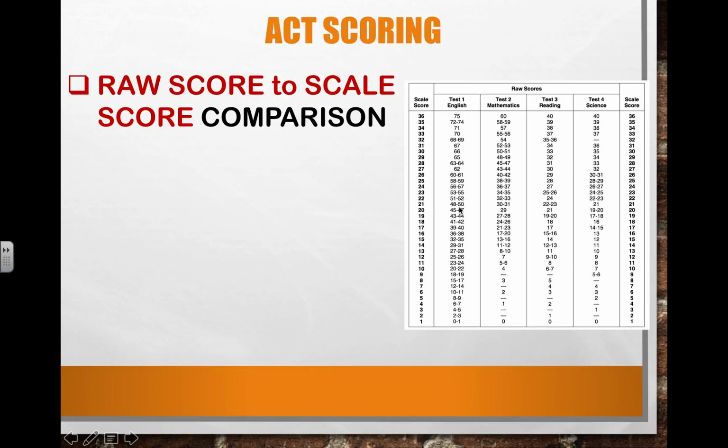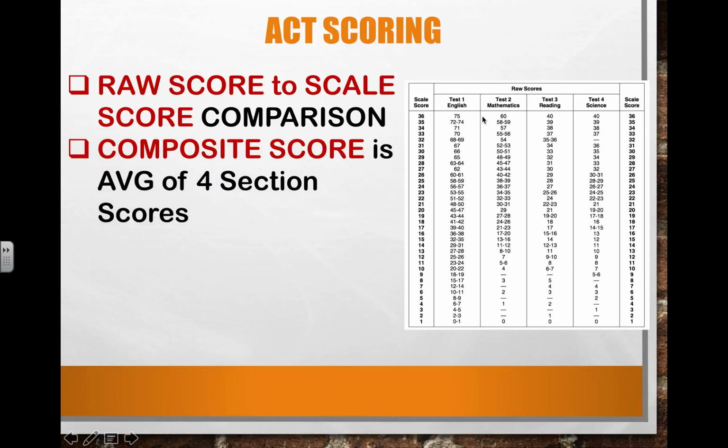A 60% is a failing grade for a regular test in high school, but your raw score is the total number right out of the total number of questions on the test, and that's translated to a scale score. Use math as an example: if you got 48 questions right, you'd have a 29 on the math section.